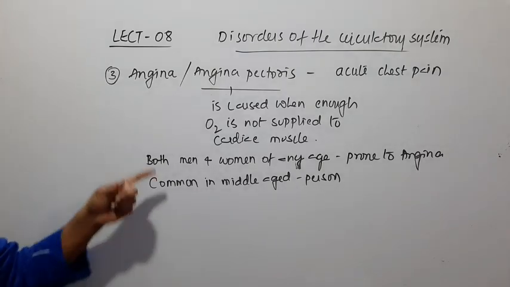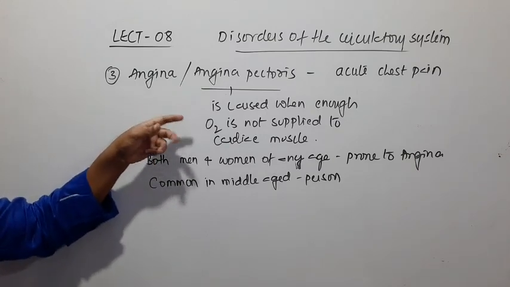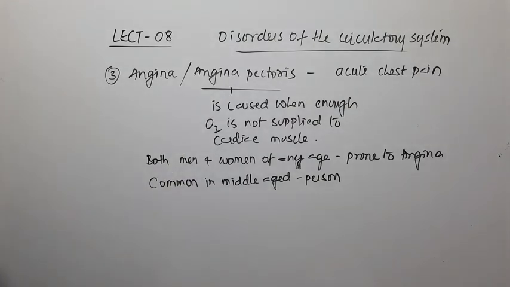Again, I'm telling that angina pectoris is caused when there is not enough oxygen supplied to the cardiac muscle or the heart muscle. The reason for this acute chest pain may be atherosclerosis due to deposition of cholesterol and other substances.